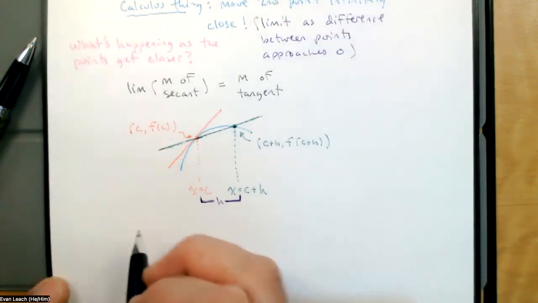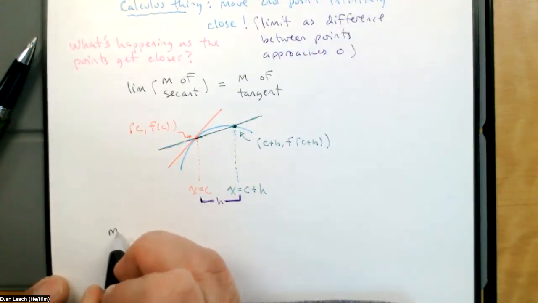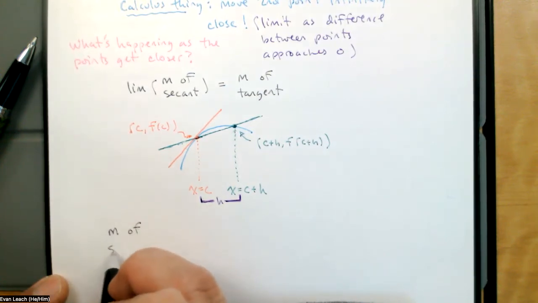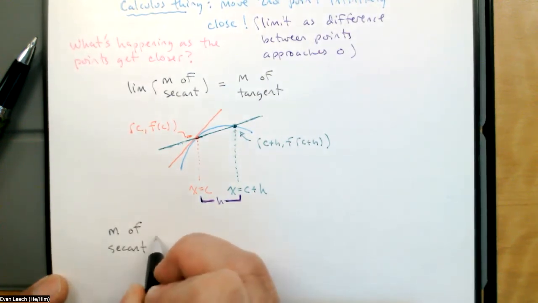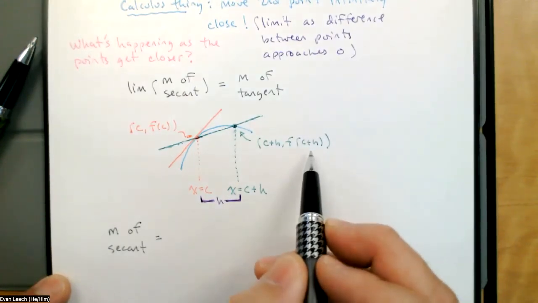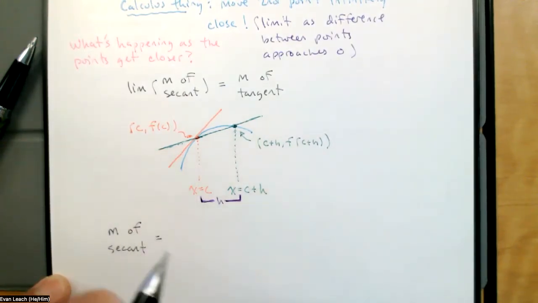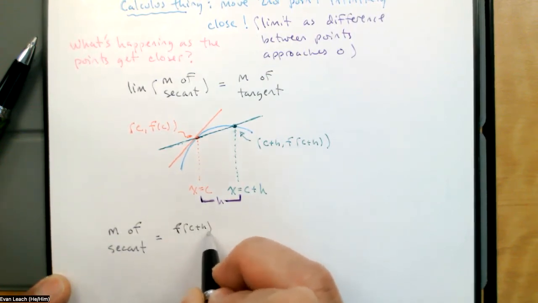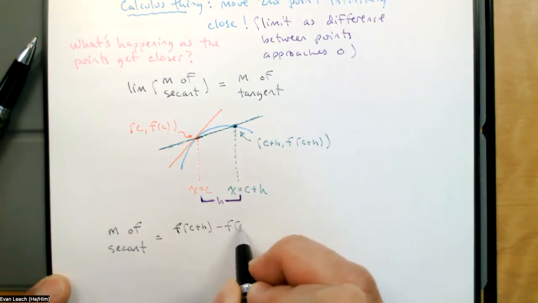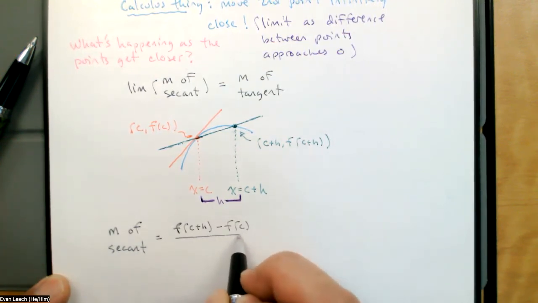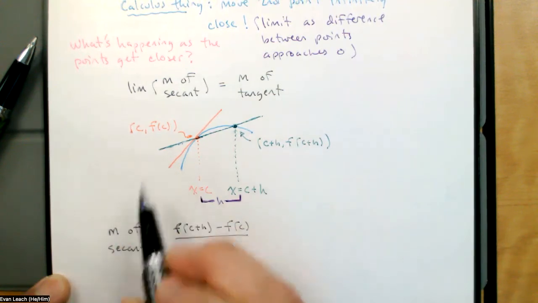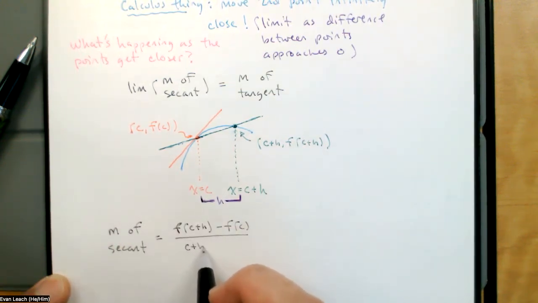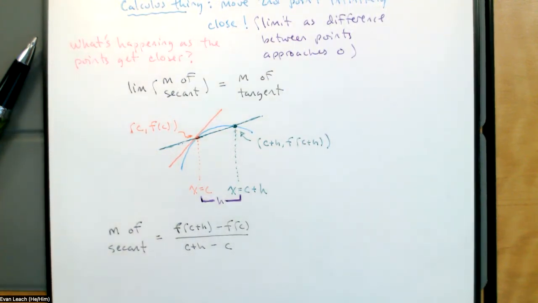So our slope is y2 minus y1 over x2 minus x1. Change in y divided by change in x.